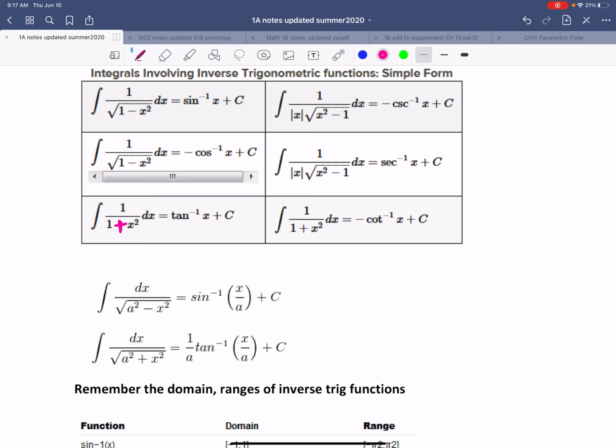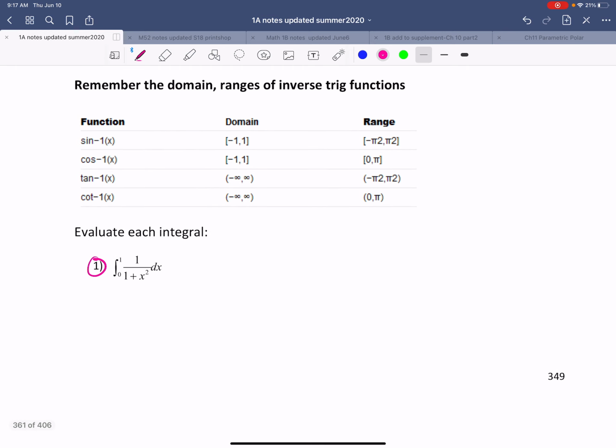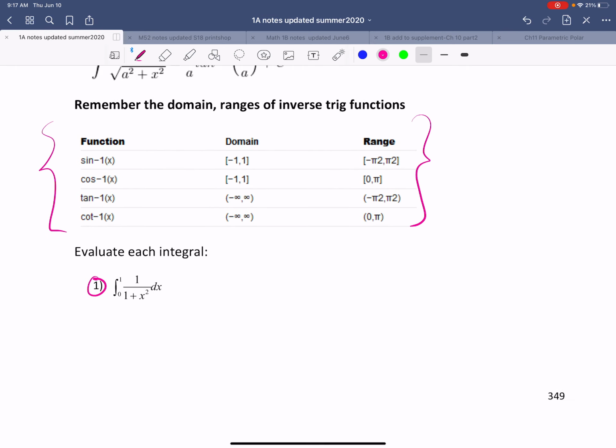This is going to be 1 over 1 plus x squared dx is tan inverse x plus c. So remember these integration formulas. Earlier we looked at the derivative formulas in the last chapter, but now we're looking at the integral formulas. Okay, let's see a couple of examples, and also remember the domains and ranges of inverse trig functions.